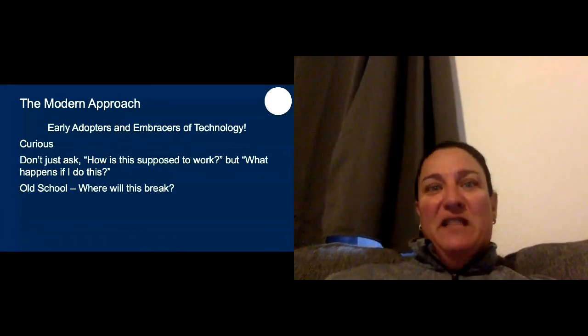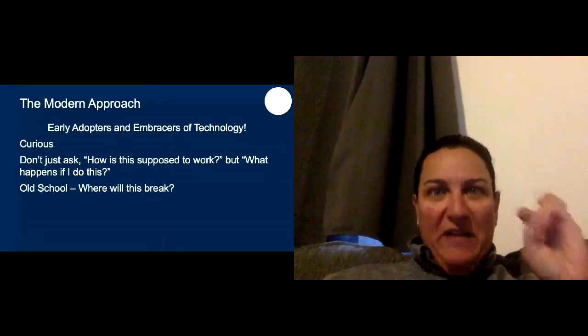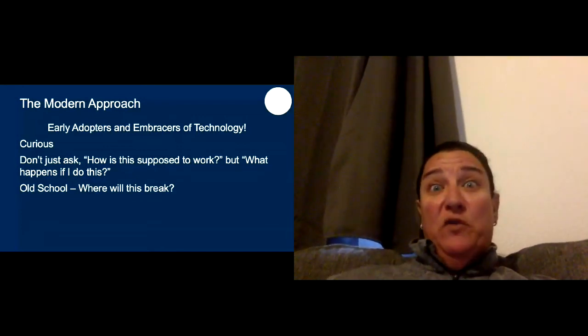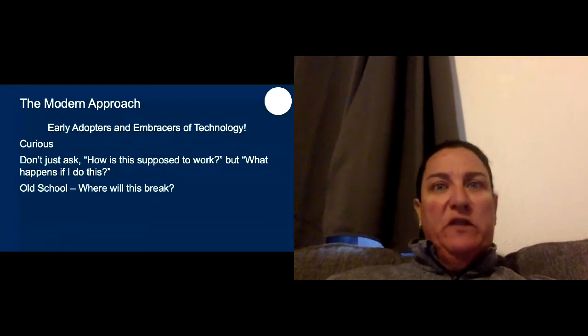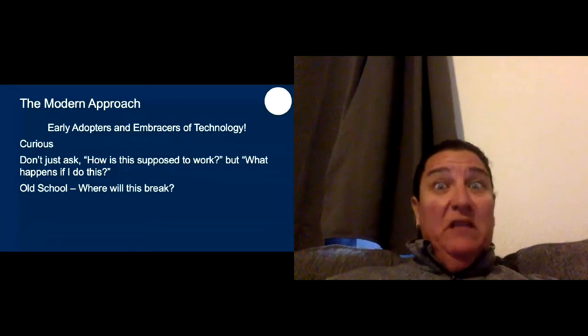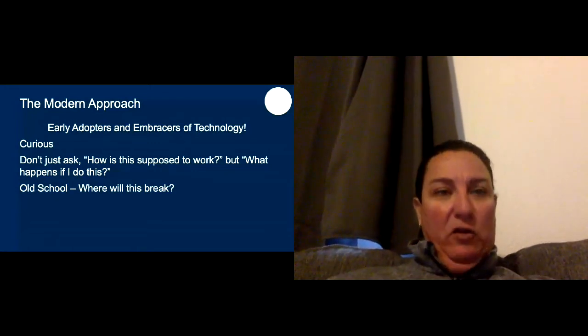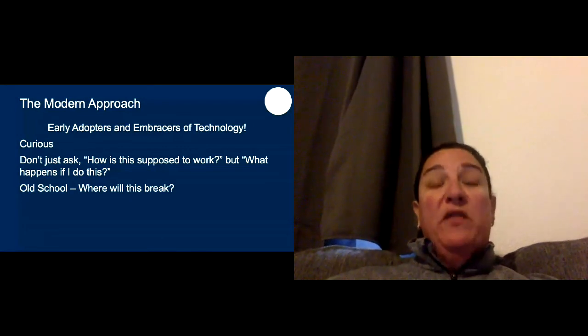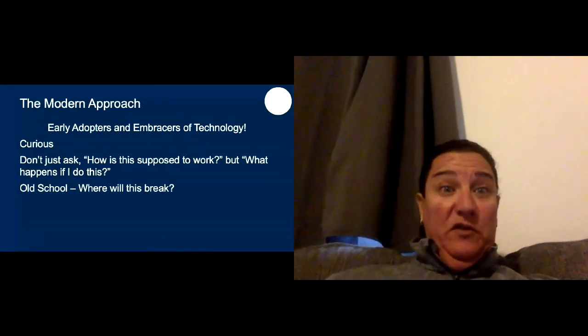But I really like to think about that as one of the key characteristics as well, that we're looking at areas where the software might break, so to speak, so that we can advocate on behalf of our users to ensure that their experience is not only going to be fine, but it's also going to be delightful and it's going to be accurate. We think like a user, and we therefore act like a user as well.